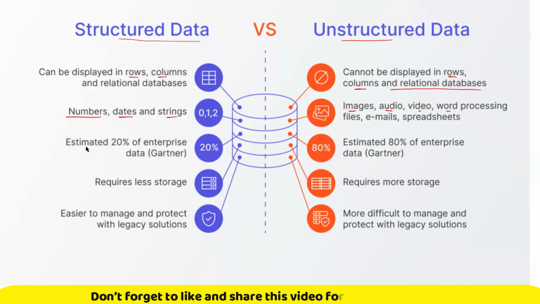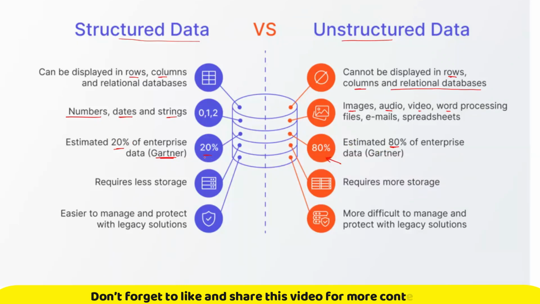Now, the third is estimated, almost 20% of the enterprise data, as per Gartner. And now it is getting less, because earlier it had more share, but now it is estimated that 80% of enterprise data is unstructured. So this quantity is really getting big.